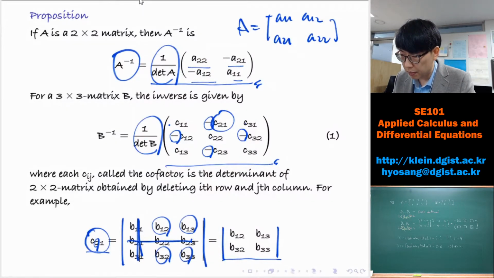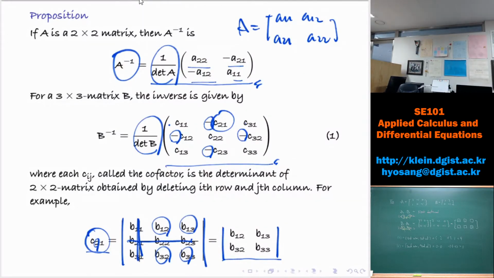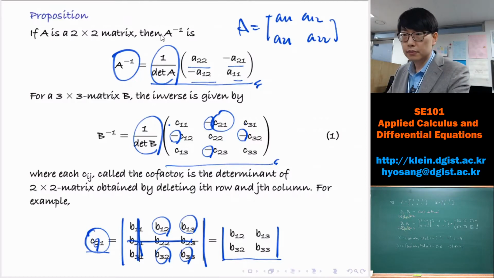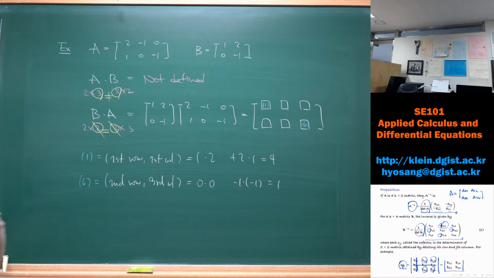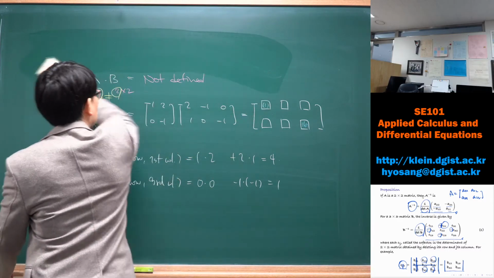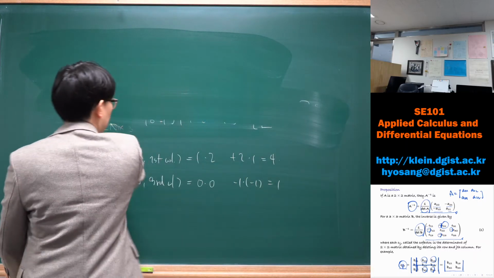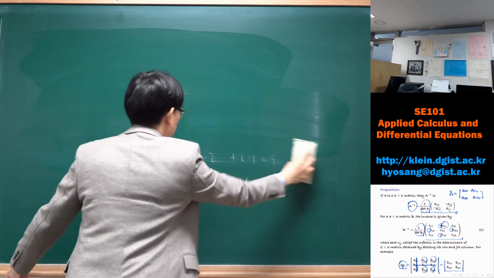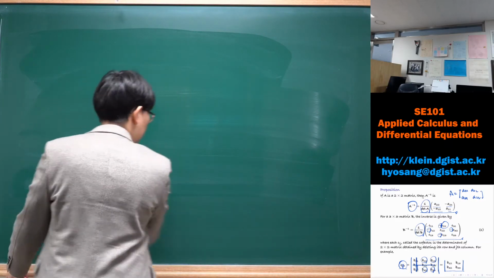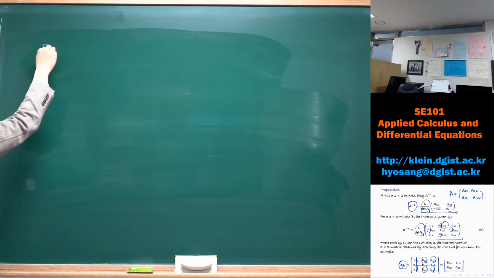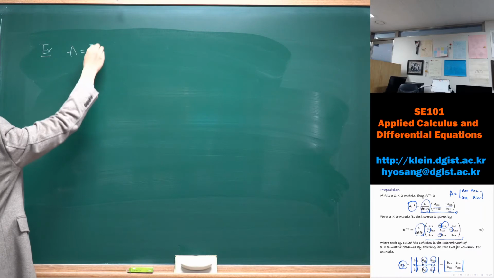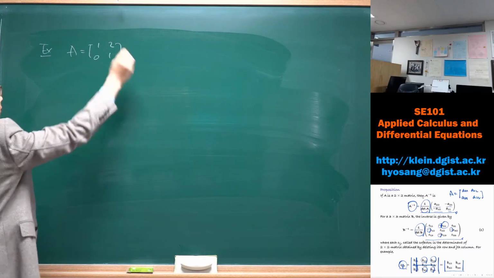So let me give a simple example. Let's say A is 1, 2, 0, 1.